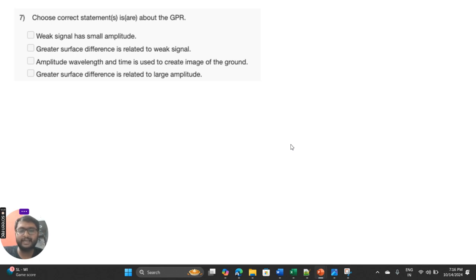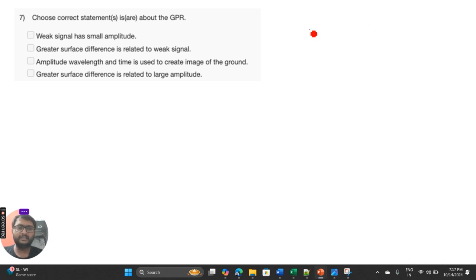It will take time to come back, and we can identify the two different signals properly, distinguishing between two different surfaces. However, if the surface difference is less, the radar signal will go and come back for both surfaces together, and because of that we get a weak signal. Weak signal here means it is not able to differentiate between those surfaces.